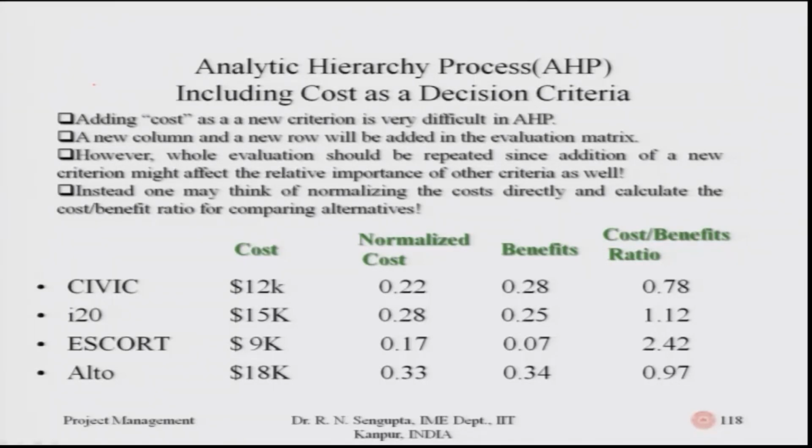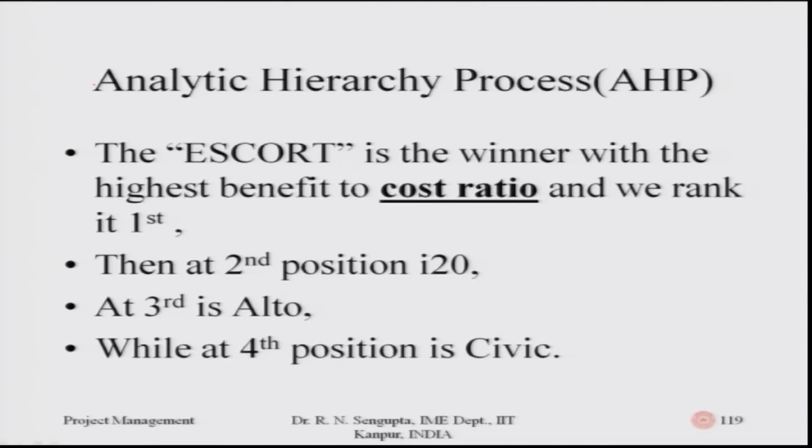So, once you have the cost factor, cost meaning not the fuel factor but the cost of each and every car, you normalize it, you find out the benefit with respect to the cars which you have, and then you find out the cost benefit ratios, which is given in the last column. So, if you now try to find out the overall cost ratio based on which you will take the decision, then obviously it will mean that Ascot is the first one, second one is I-20, third one is Alto and the fourth one is Civic.